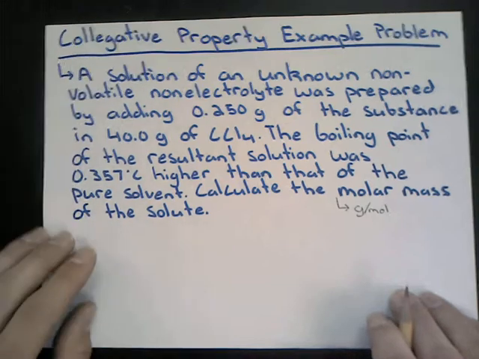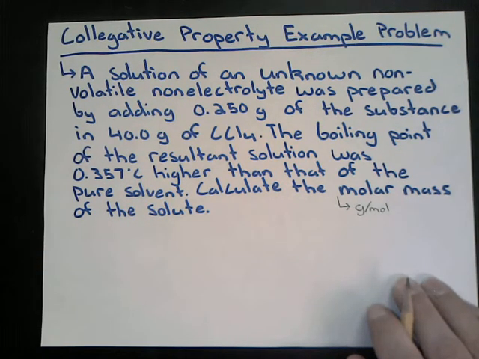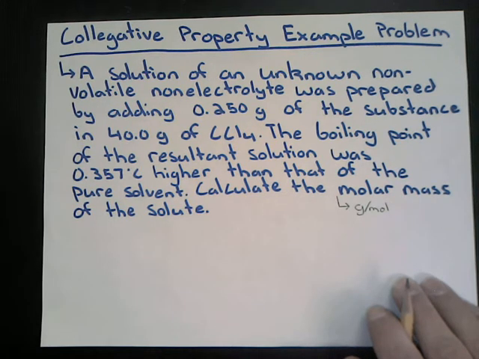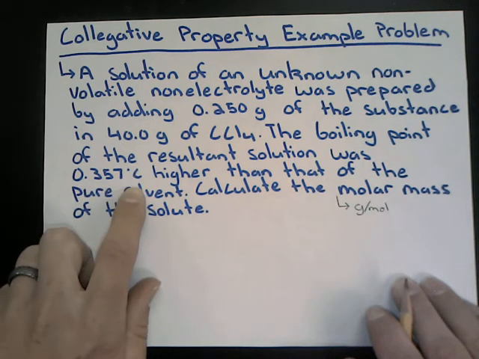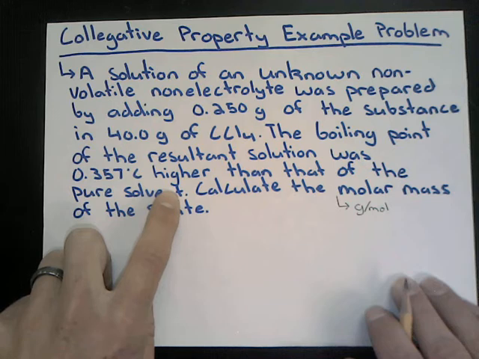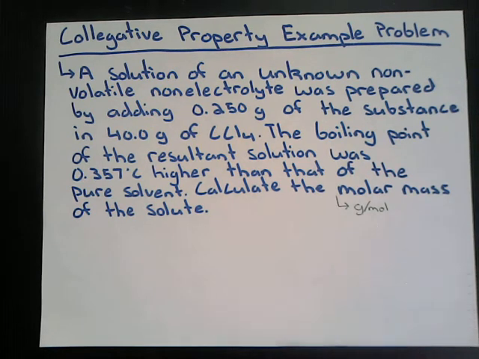Well, as we look at this problem, we have a lot of information, a lot of numbers, and we need to sift through. We need to decipher, well, what is really important? If we look here, 0.357 degrees Celsius higher, okay, that is giving us our boiling point elevation. How much higher is the boiling point of this solution than the pure solvent?